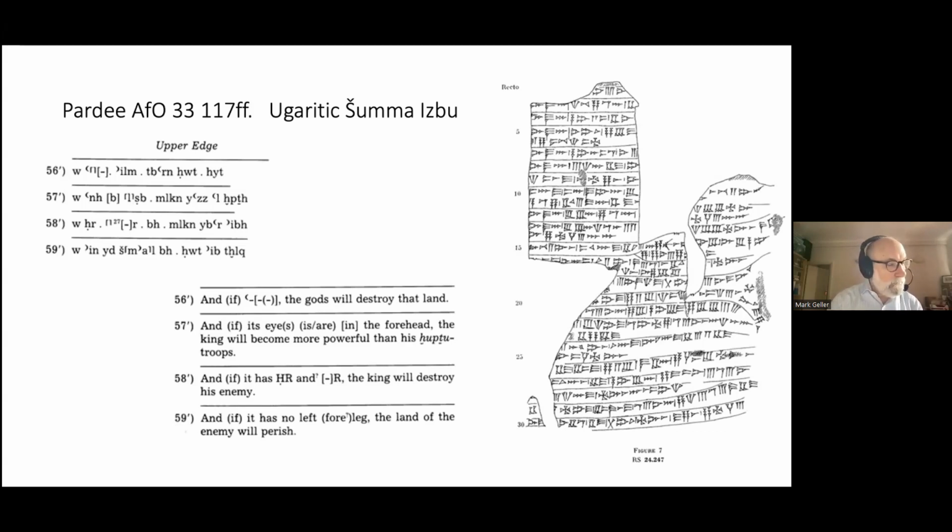So the question is, why are lists in tabular formats so well attested in Mesopotamian tradition, including Anatolia, but really nowhere else in the ancient Near East to nearly the same extent?